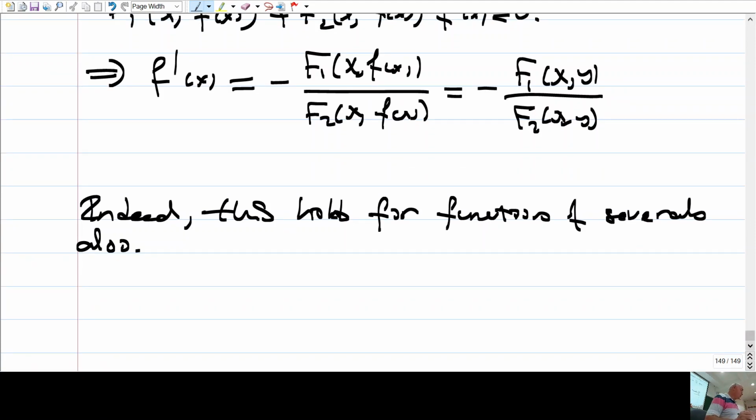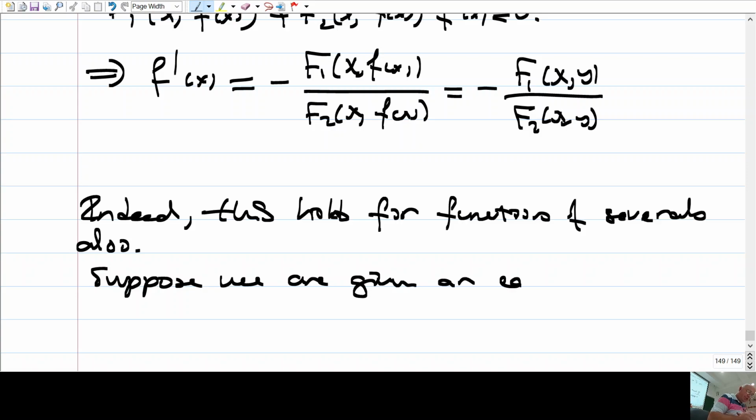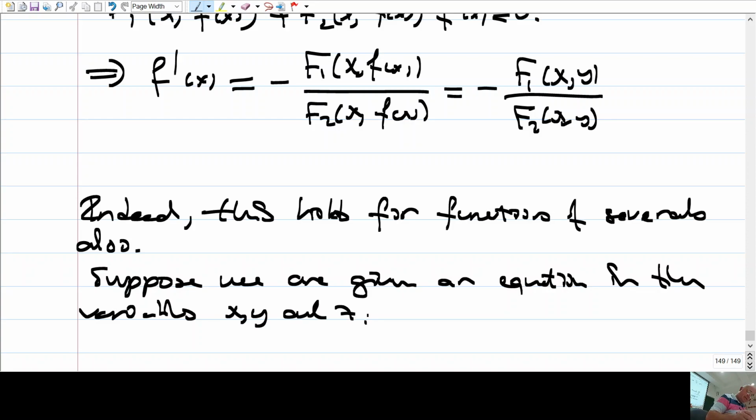Bakayım, onu teorem olarak mı veriyor? Yok. Şöyle diyeyim. Suppose we are given an equation in the variables x, y, and z as follows.